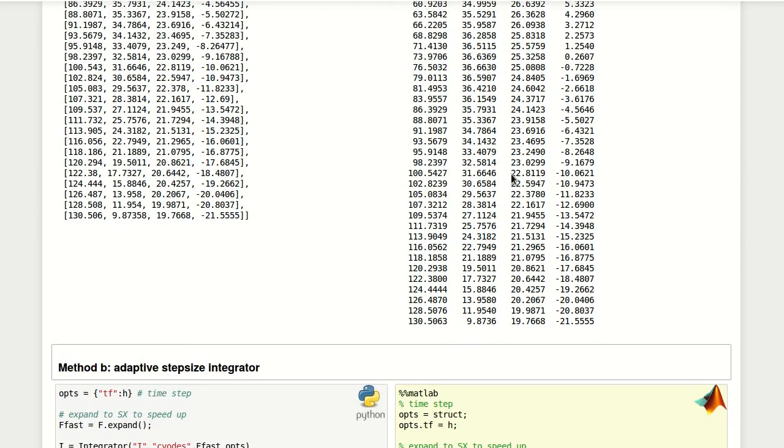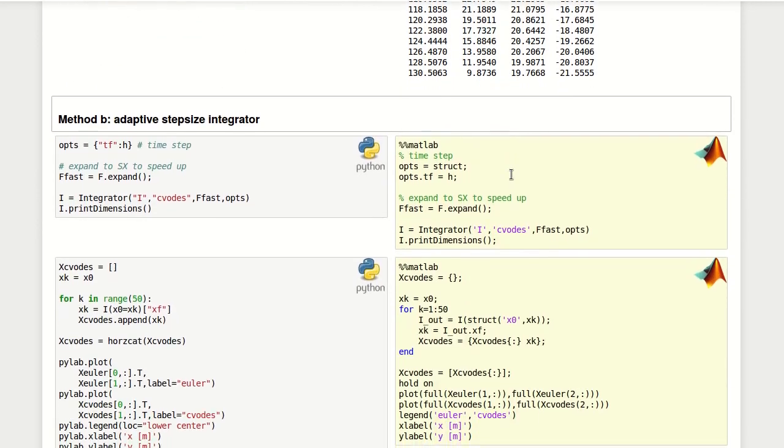We could also use an adaptive step size integrator, a built-in one from CasADi, and the syntax is as follows. You call integrator with some label and some numerical backend. And the third argument is a CasADi function that has the I/O scheme of a DAE.